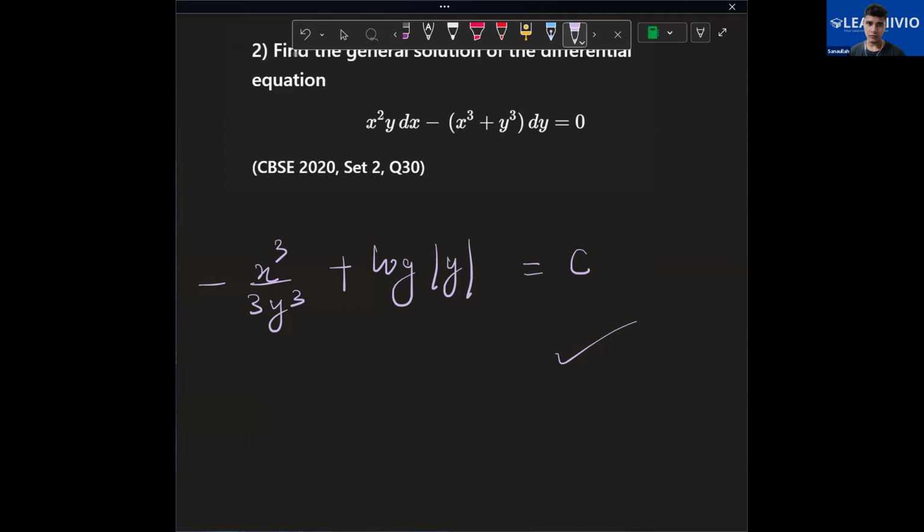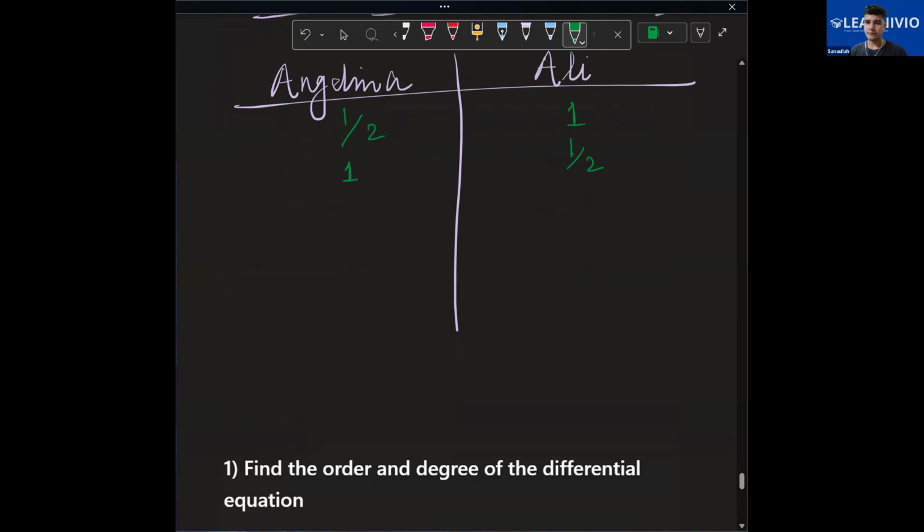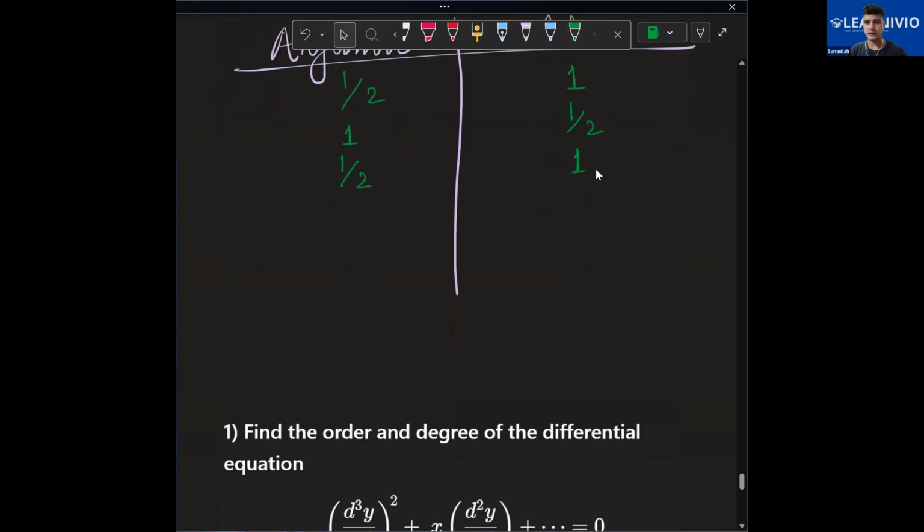No, sir, because you don't know the exact value of the arbitrary constant. It can be positive, it can be negative. So it can be minus here and plus here; that will be clear if you have some particular solution. So there is no issue. This one, Angelina, is 1.2, that is half.